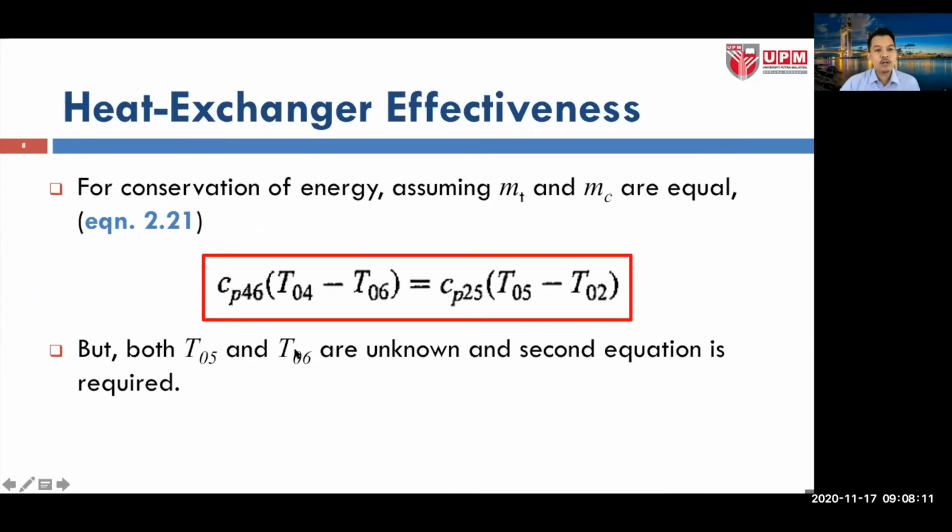If we look carefully at the conservation of energy, we assume the mass flow rate at the turbine and at the compressor are equal. This is equation 2.21, and we have this expression at the turbine as well as the compressor.